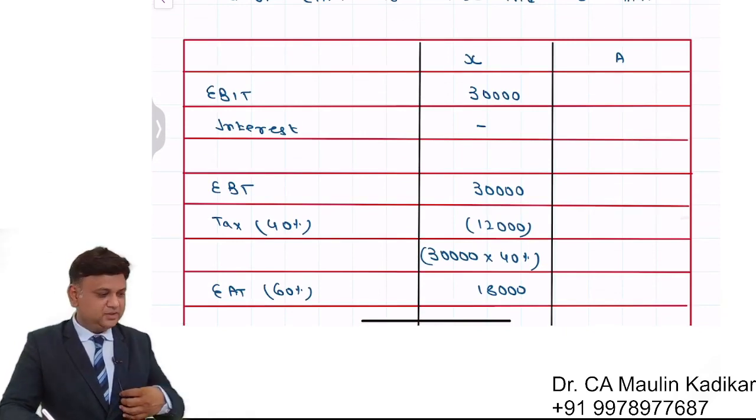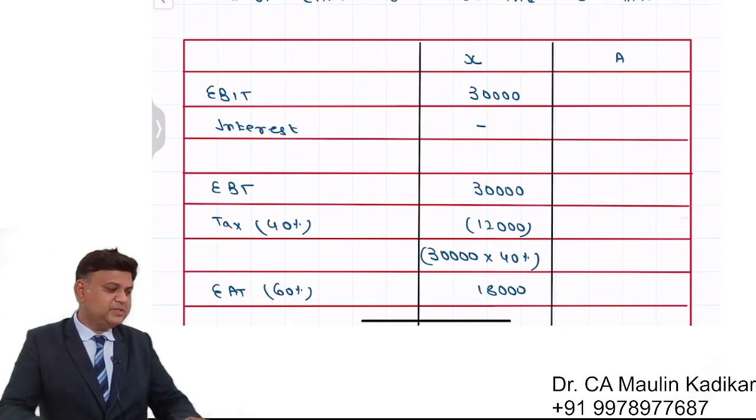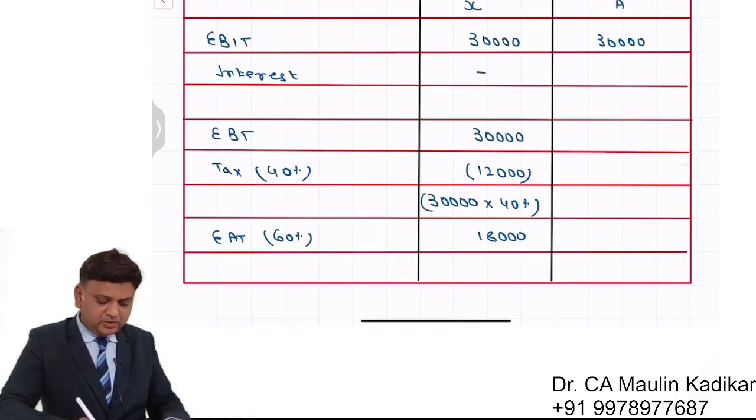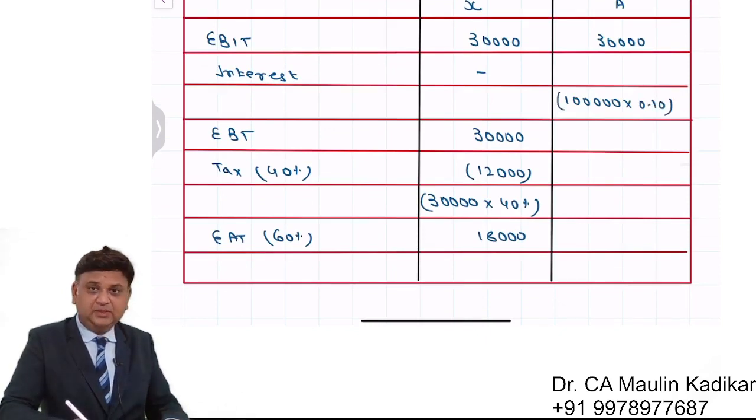Mr. A, a poor person like me, not having funds. EBIT is 30,000. Amount of the borrowing is 1 lakh. The rate of interest is 10%. So amount of the interest is 10,000.